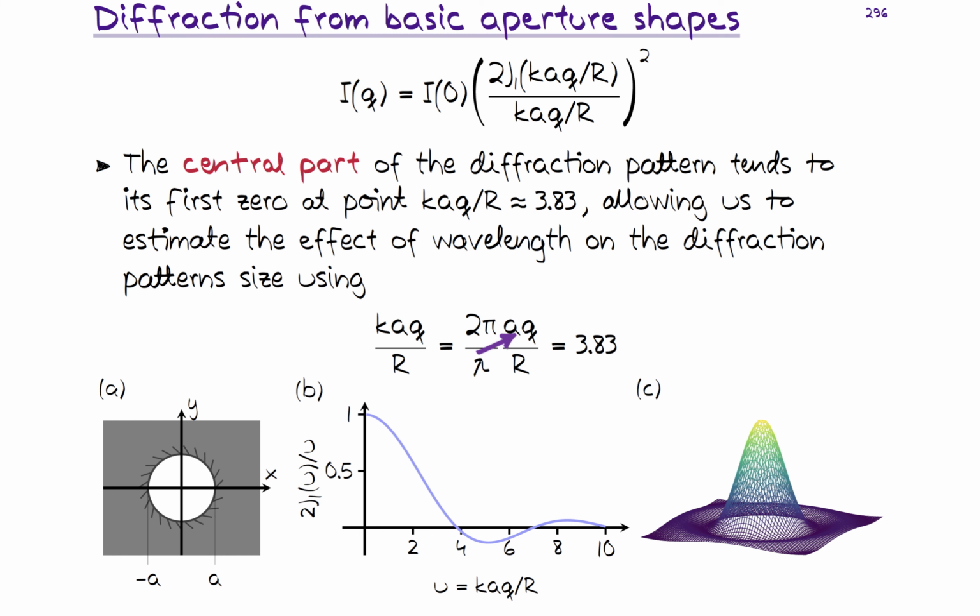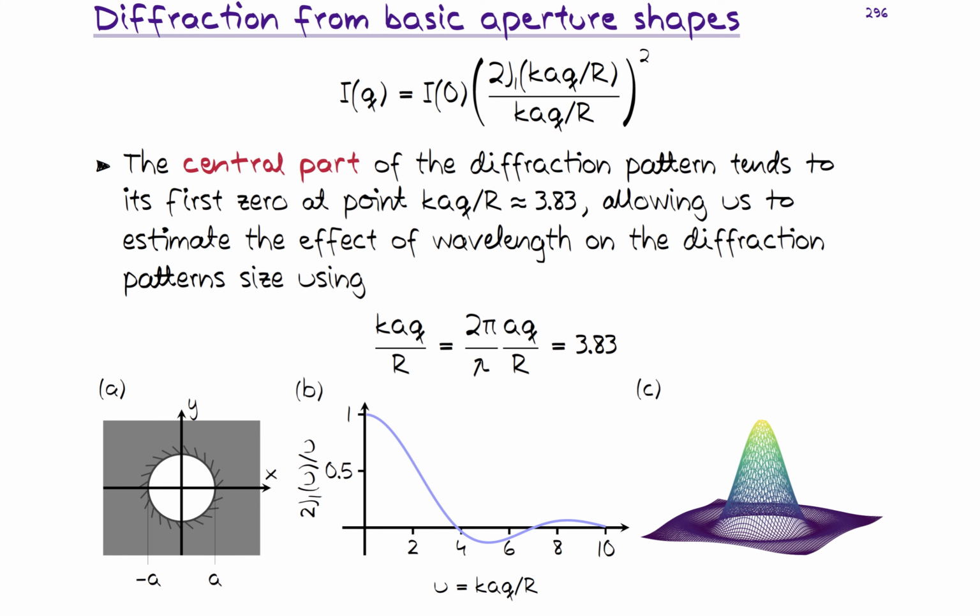If we have the A parameter here and the lambda parameter here, if we increase the aperture size, then we will make this narrower, and the inverse would be true, so that when we increase the lambda, the distribution should become broader and so forth.